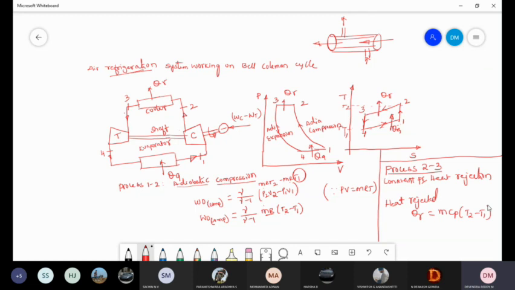Sorry, T2 minus T3, because heat rejection takes place here only. Understand? Q equals m Cp T2 minus T3, that is the heat rejection process. T2 minus T3, which is a higher temperature. You can see here the TS diagram indicates T2 is greater than T3, so T2 first and T3 later.